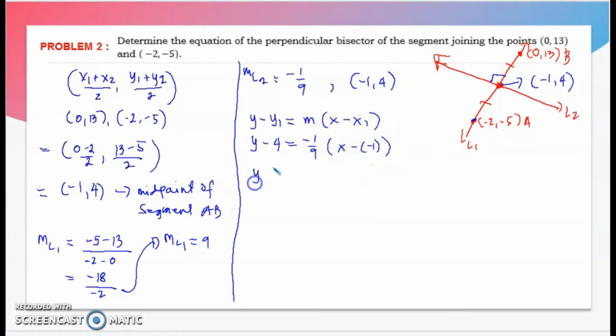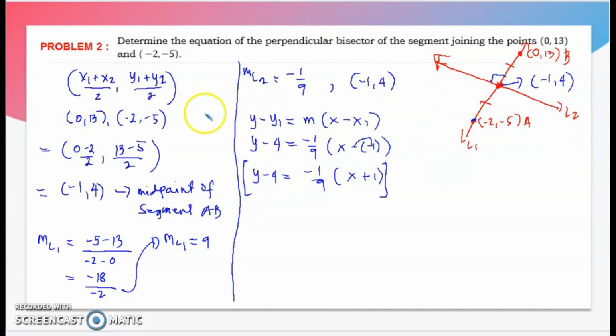So that is y minus 4 is equal to -1/9 times x, so negative times negative equals positive, plus 1. And then to get rid of the fraction, multiply the whole equation by the LCD, which is 9.